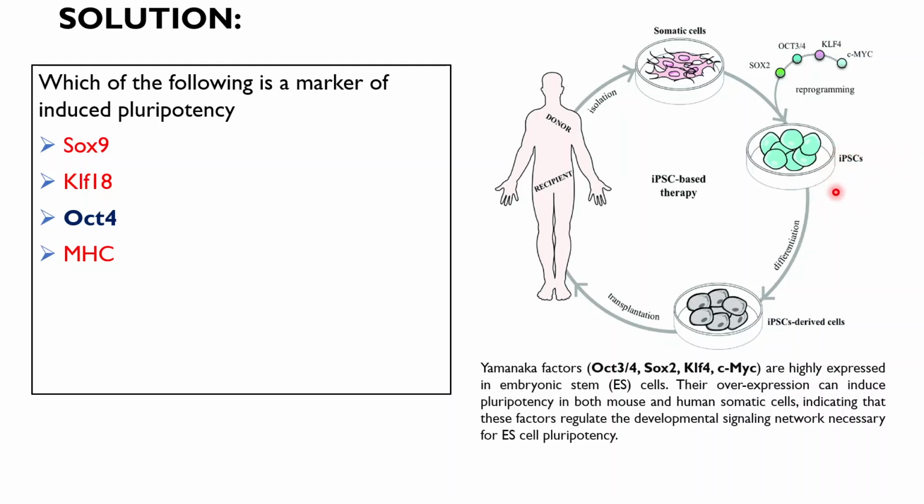Now these induced pluripotent stem cells can be made to differentiate into many other kinds of cells in our body. They could therefore be used for organ or tissue repair and regeneration, a process known in modern research as regenerative medicine. That is, we are able to regenerate the injured tissues or organs from these induced pluripotent stem cells.